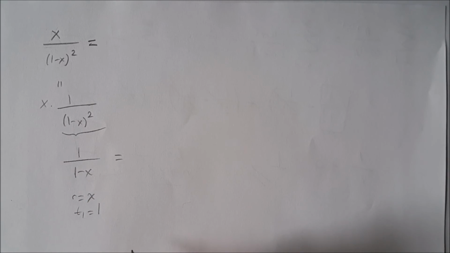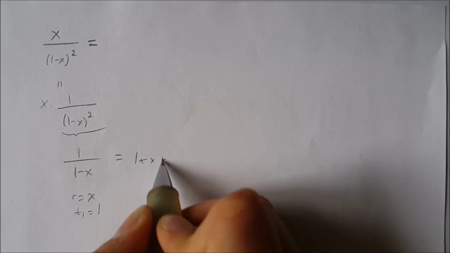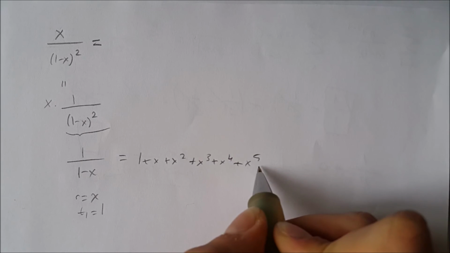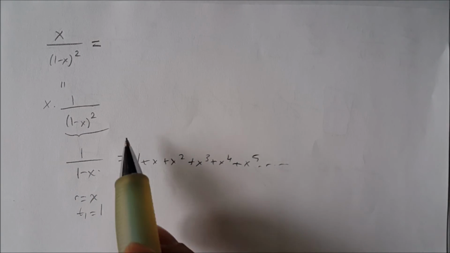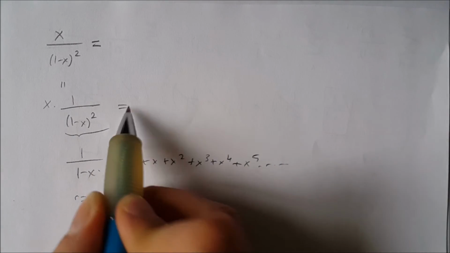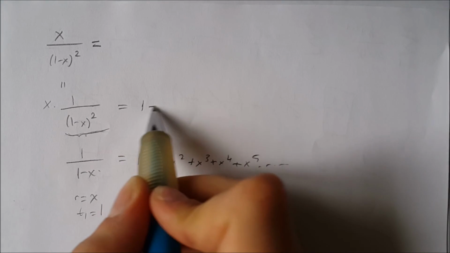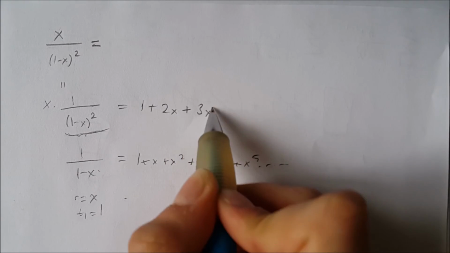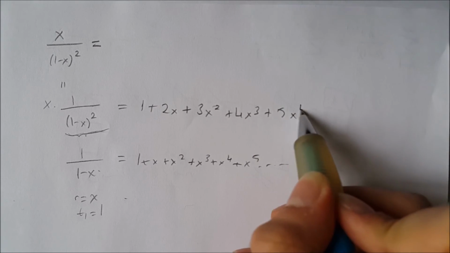So if you write the Taylor approximation for this one, we would get 1 plus x plus x squared plus x cubed, and then it goes on like this. Then we need to take the derivative of this to find this part's Taylor approximation. If we take the derivative, we would get 1 plus 2x plus 3x squared plus 4x cubed, and then it goes on like this.